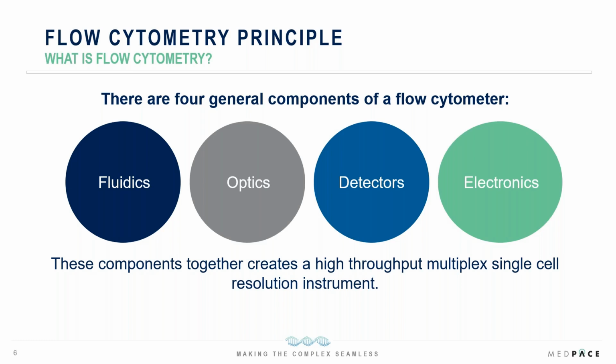And if you have the processing power to deconvolute that, you have an enormous statistical basis for your analysis. And that creates a high throughput multiplex single cell resolution instrument.